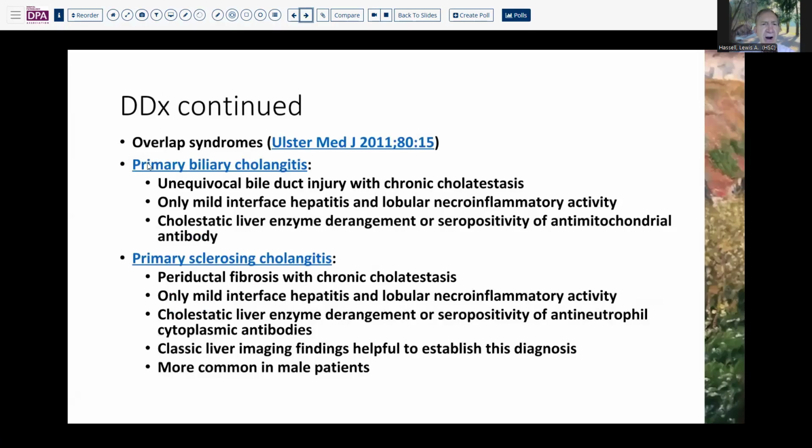And finally, there are various biliary disorders, primary biliary cholangitis and sclerosing cholangitis, which can account for the kinds of chemical and histologic findings that we see. However, these latter two tend to be focused on the biliary tree, and damage to that biliary tree would be a prominent feature, whereas in autoimmune hepatitis, that is usually not the case.